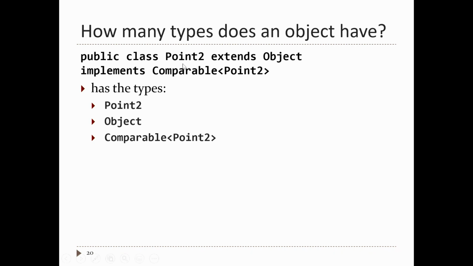So here's an example, Point2. Now Point2, we didn't write extends Object, but that's what it does because everything extends Object. It also implements Comparable. So what types does Point2 have? Well, it has the type Point2, it has the type Object, and it has the type Comparable<Point2>. So an object of type Point2 actually has 3 different types.